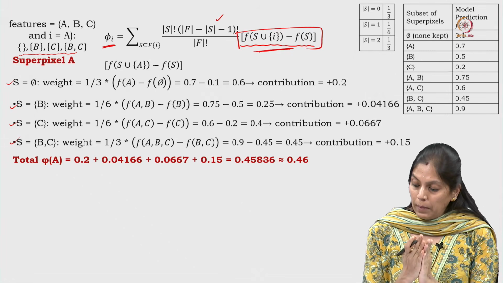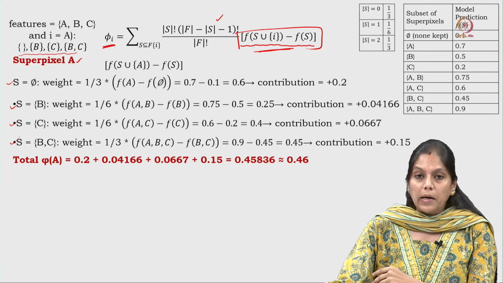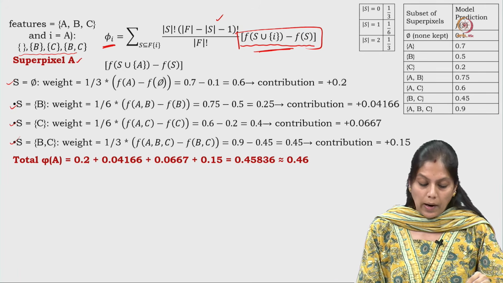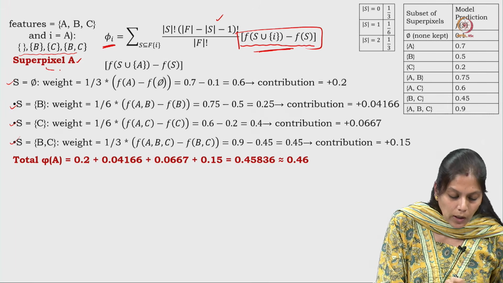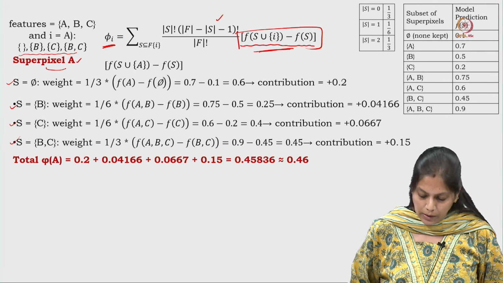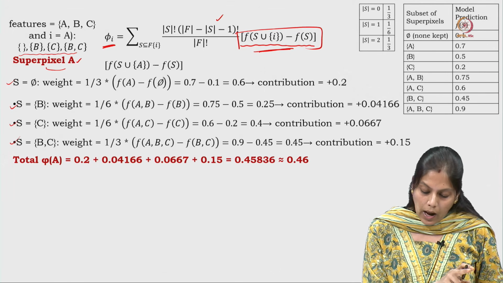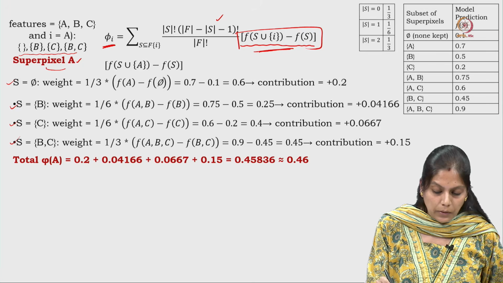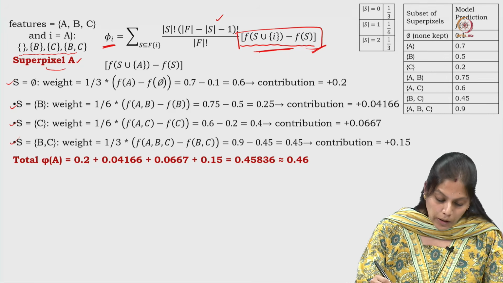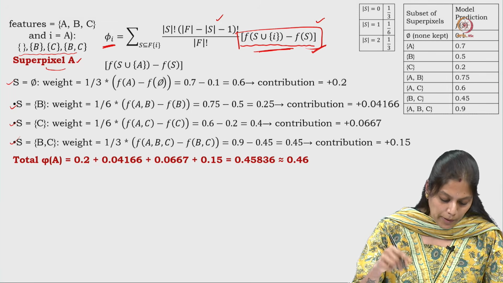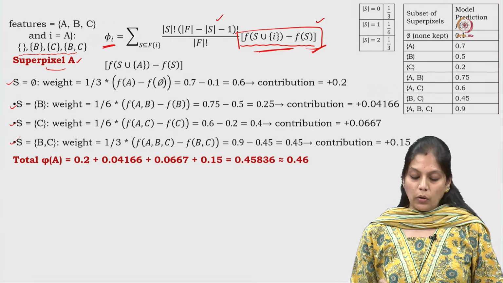To compute the importance of superpixel A, we look at all possible subsets S that do not contain A, and measure this particular term. This will tell us how much A increases the prediction when we add it to the different subsets. That is what we are going to do.